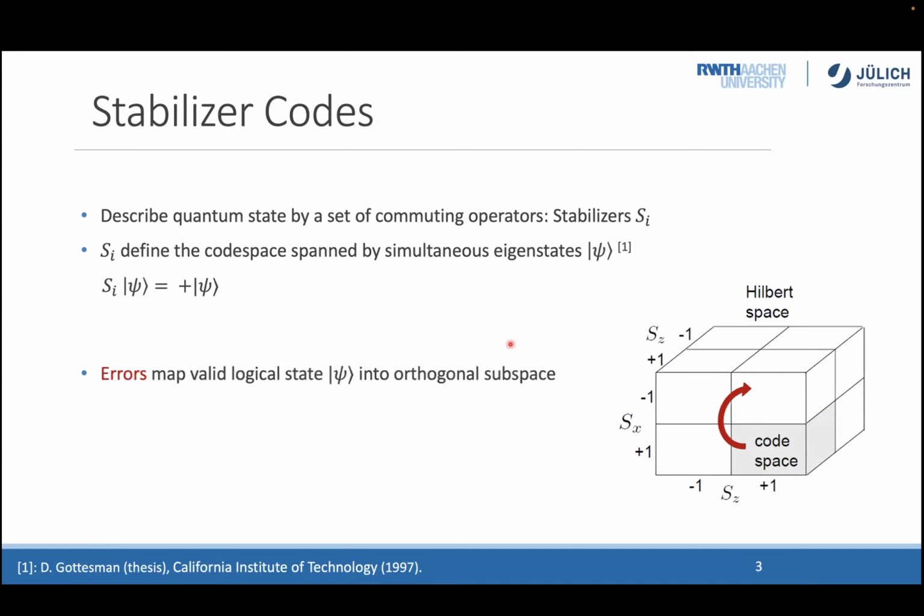So if we start with the initial code state and some error happens, this valid code state gets mapped into an orthogonal subspace. And if we then measure all the stabilizers, we'll find that we get a -1 outcome for some subset of these stabilizers. Based on this pattern of measurement outcomes, we can then try to guess the initial error and map the state back into the code space.